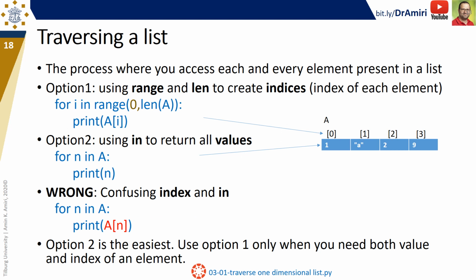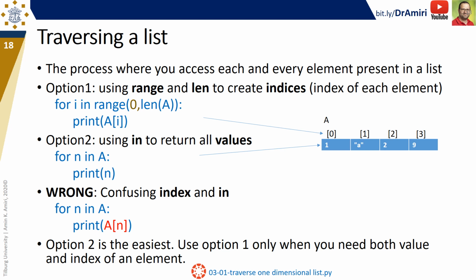Traversing a list is the process where you try to access each and every element in a list. And you have two options to do that. Note that in these examples, I'm going to access those elements and then print them.